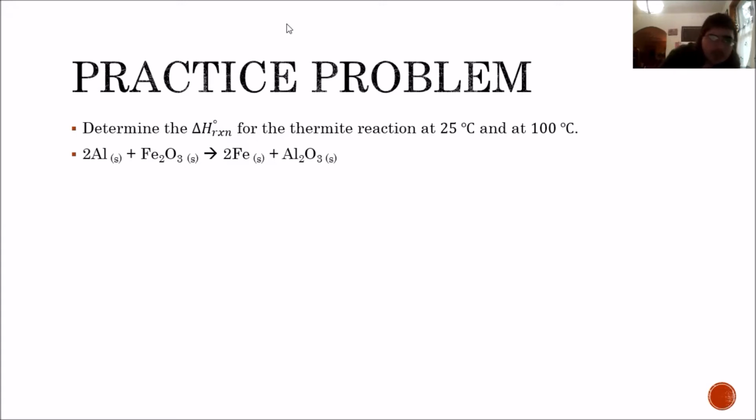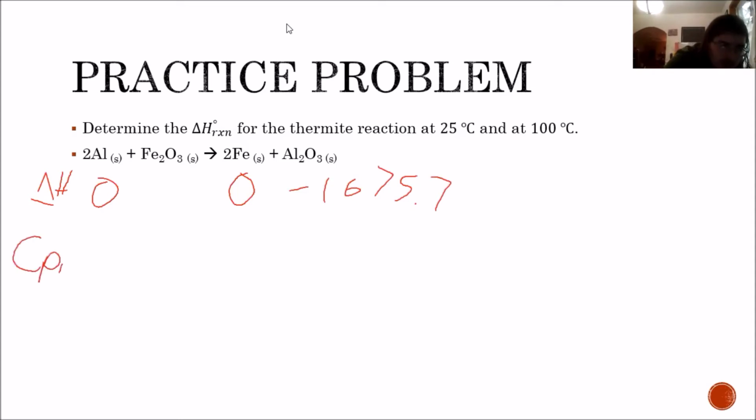First things first, what's our delta H? Delta H of aluminum is 0. I can tell you that right there. Iron is 0 too, that's convenient. But for iron oxide and aluminum oxide: aluminum oxide is negative 1675.7, and its Cp is 79. I'm going to write these down so I don't forget.